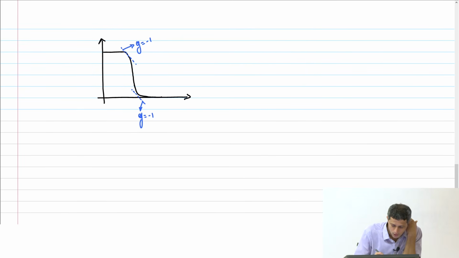Okay. Now I extrapolate this onto both axes and find the intercepts. The first point I am going to call VIL. This is V out versus V in. This point I am going to call VIH.